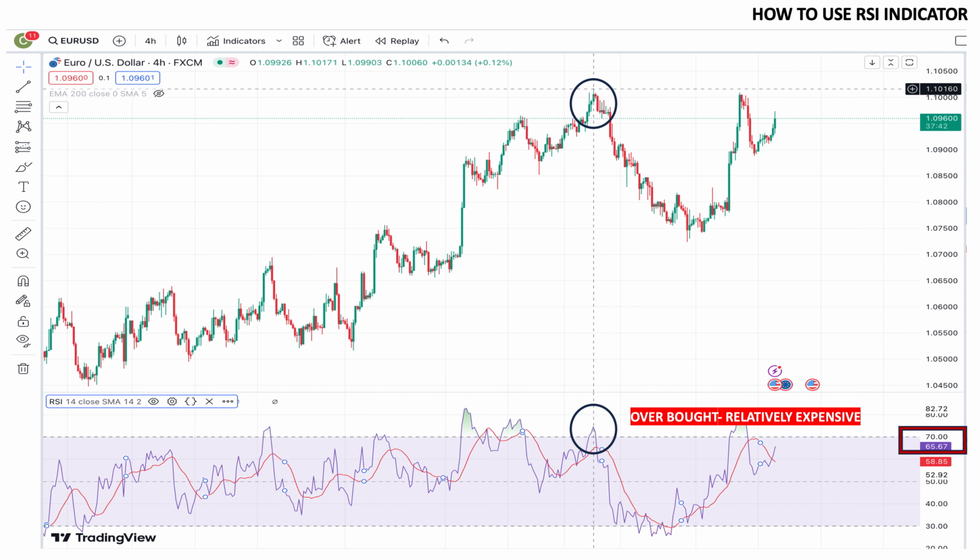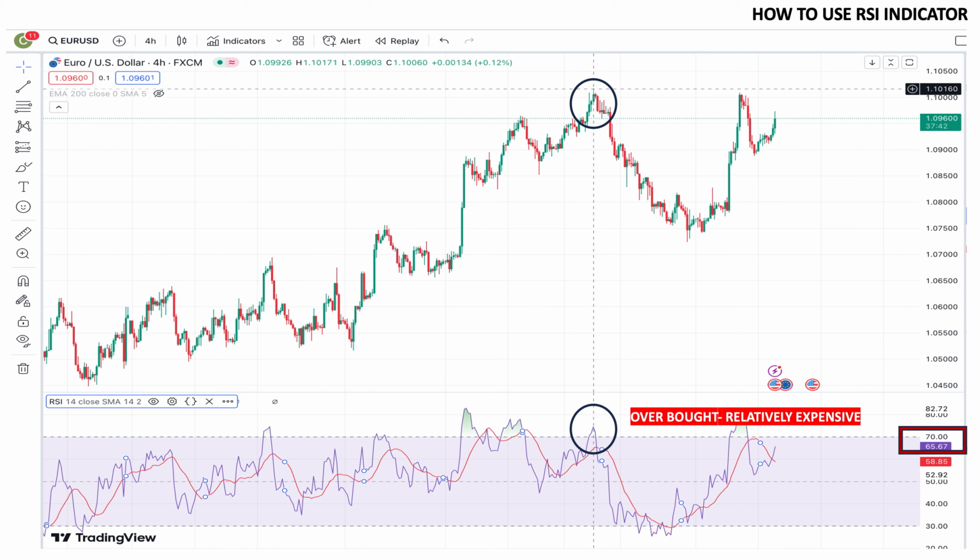In the picture we have our EU graph, and on the price data at the highest area, which I have circled, when you go to the RSI on the same area, you can see we are above 70%, which is the overbought area, signaling a possible sell.